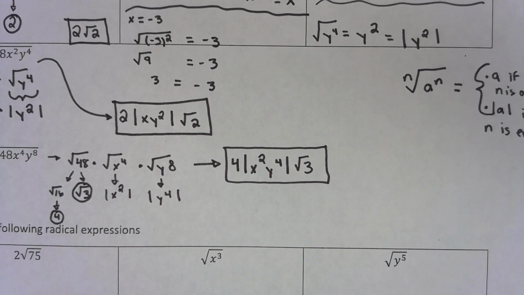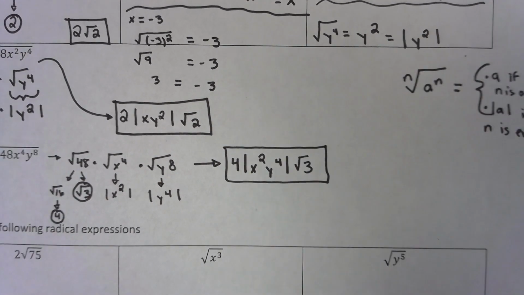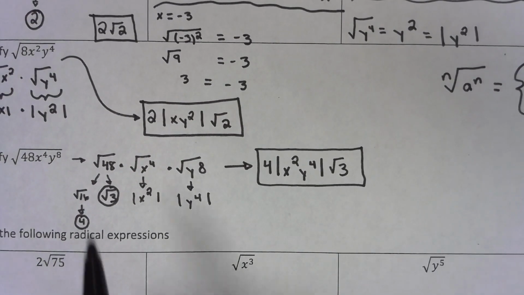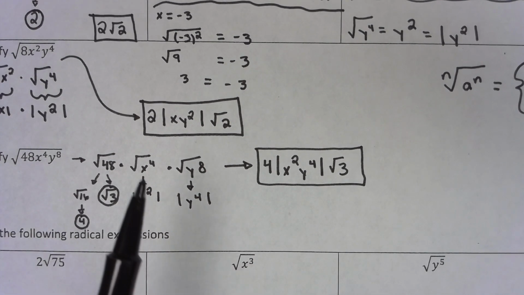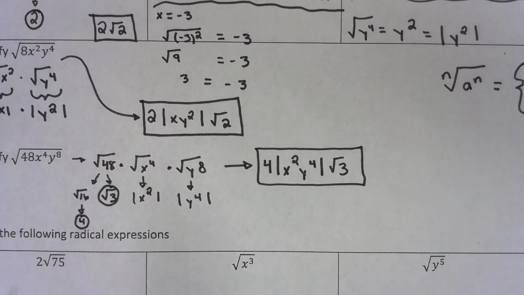So let's look at each of these terms individually, starting with the square root of 48. The easiest way to reduce down all the numbered square roots is to factor out the largest perfect square that divides 48. I don't recommend picking any random factors of 48. I know that's maybe how some of you were taught to reduce these down, but that can get really complex and creates really long factoring trees.